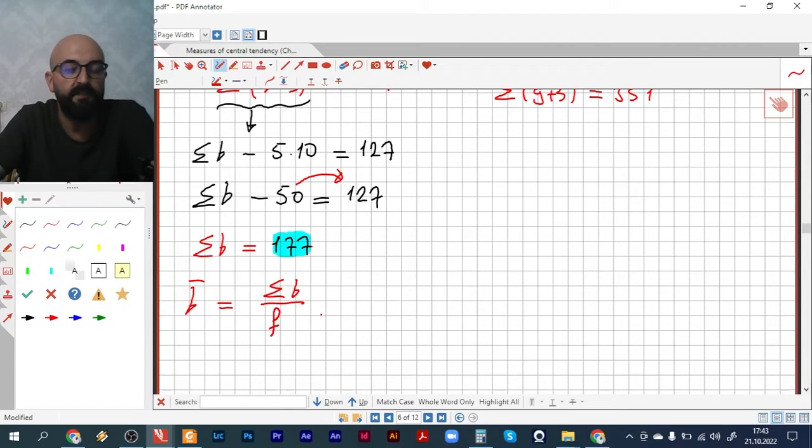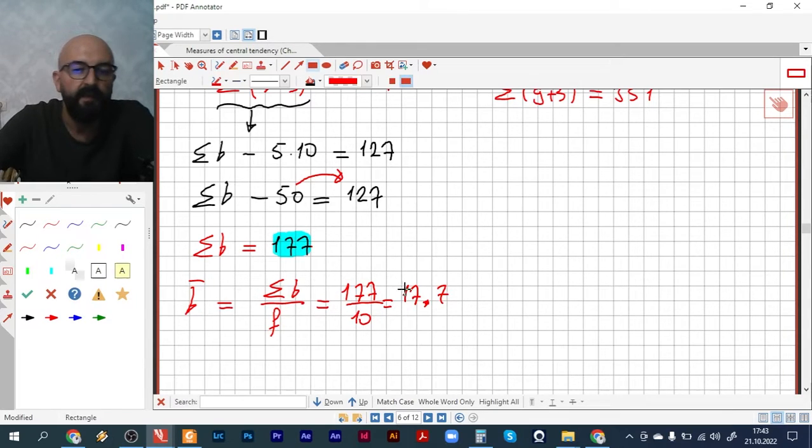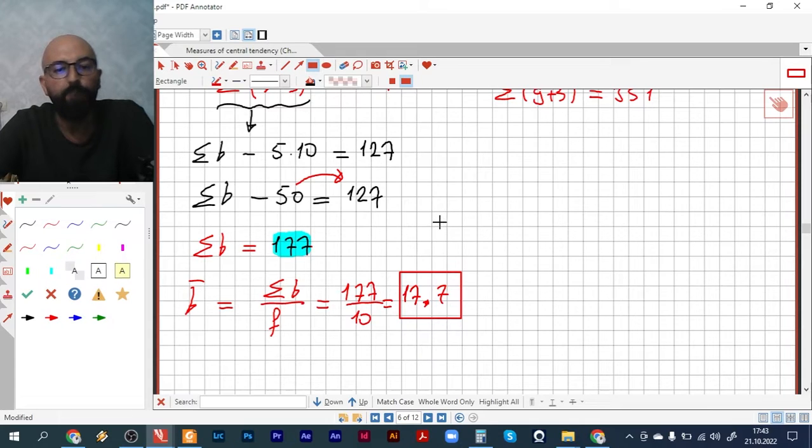So we have 10 boys. So 127 over 10, and it becomes 17.7. Okay. Now today the mean of 10 boys age is 17.7.